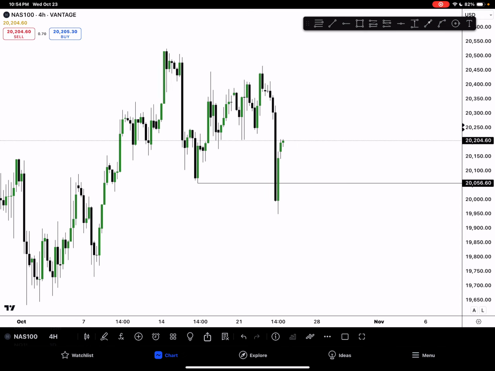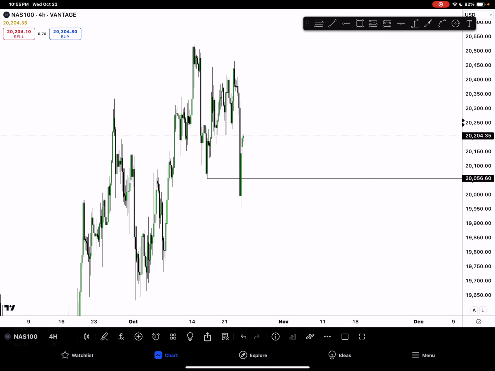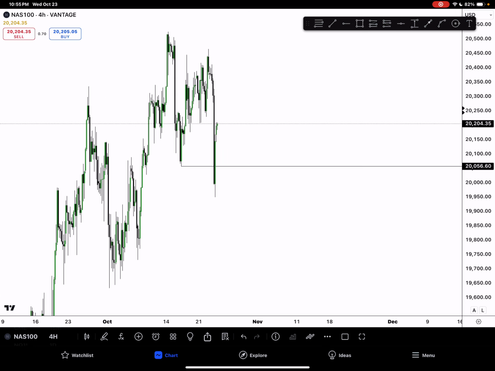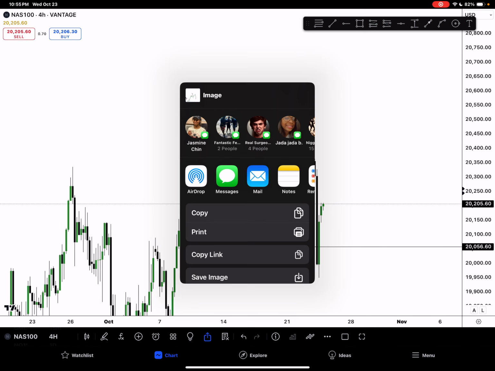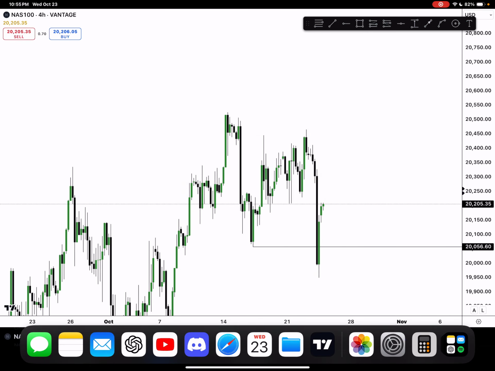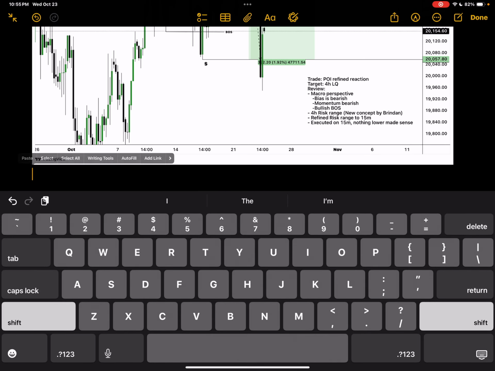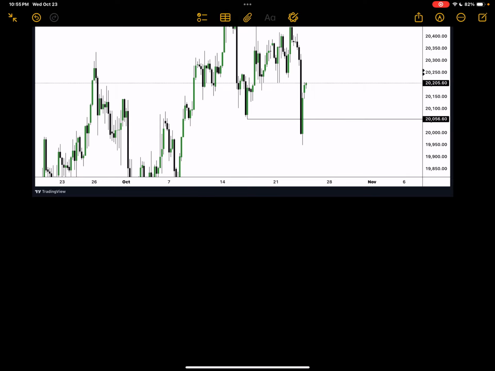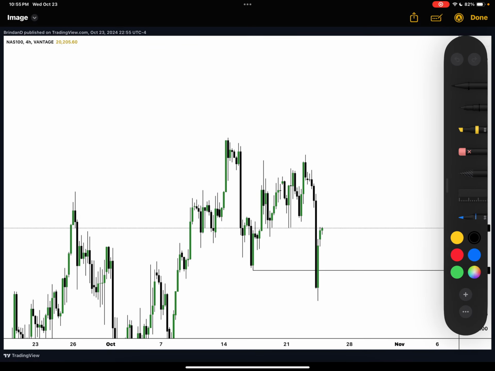I'm also looking for a continuation just based off of how price action is going now that we've established that we have here a high. I don't want to do that. It's not the one I wanted. Here, I'm actually going to do this. Copy. Paste. All right. So I'm looking for a continuation. This is kind of like an outlook and a trade review.